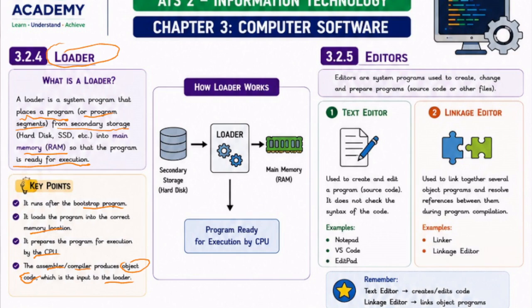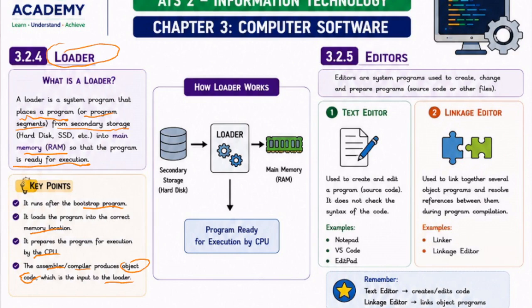So Bootstrap and loader have the same function. The only difference is that Bootstrap loads the operating system and hands over the computer to the operating system once it is in the random access memory, which is the RAM, while the loader takes other applications. So if you want to use WhatsApp, it will take WhatsApp from secondary storage to the RAM for use.